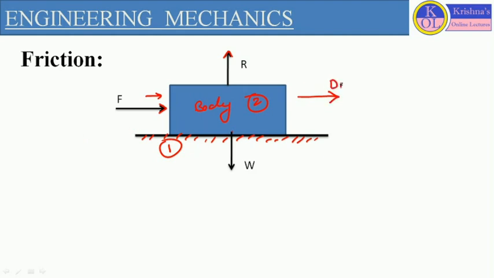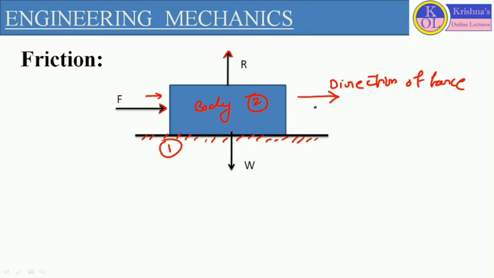This particular arrow represents the direction of force. Now if this body remains stationary even after application of external load, that is happening because of one resisting force applied by this stationary surface.